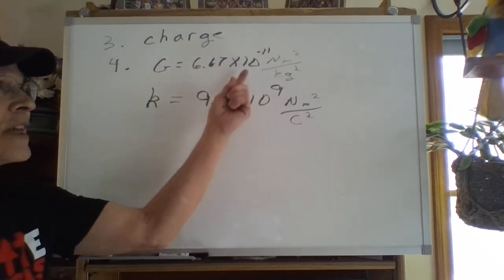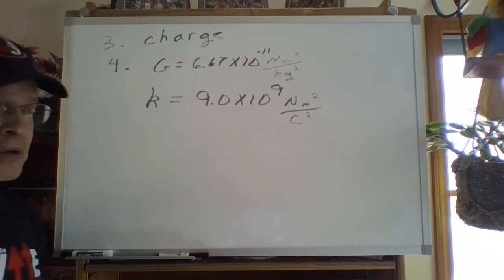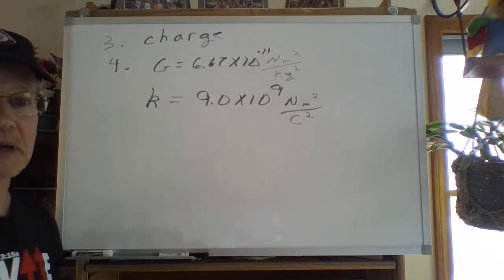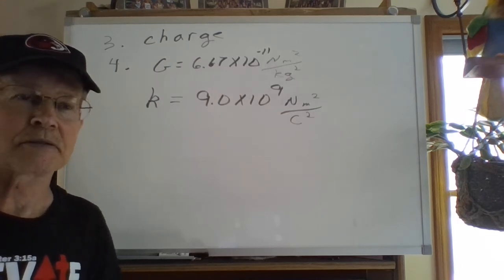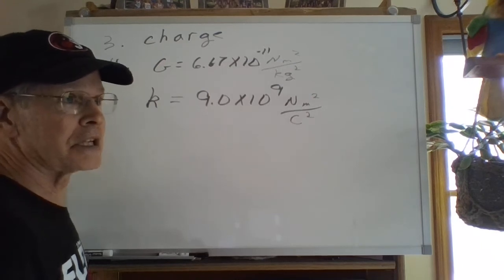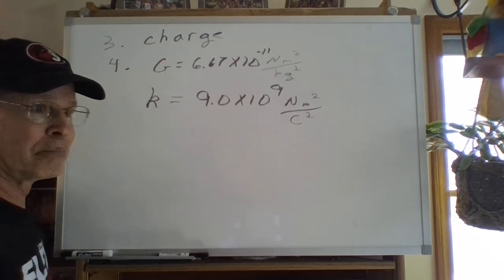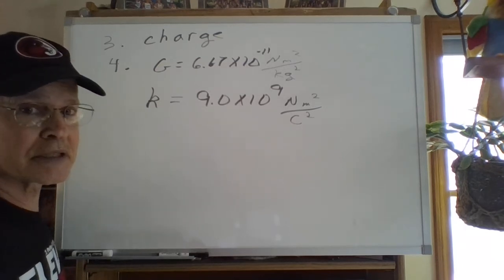You see how much bigger that is than that? So you could say much, much bigger, billions of times bigger. 10 to the 9th versus 10 to the negative 11th is a difference of 10 to the 20th, so it's even more than a billion billion times stronger.